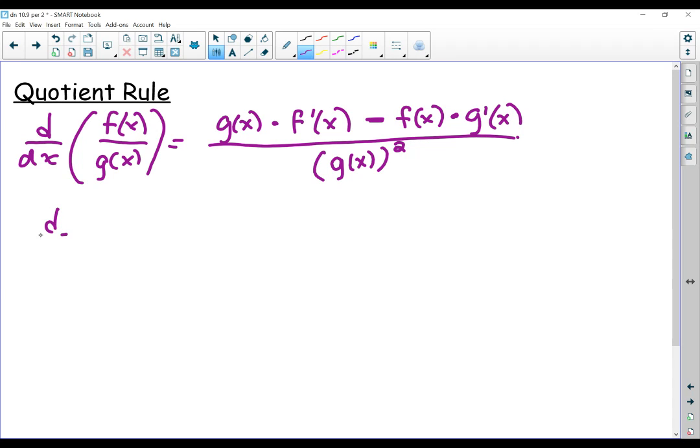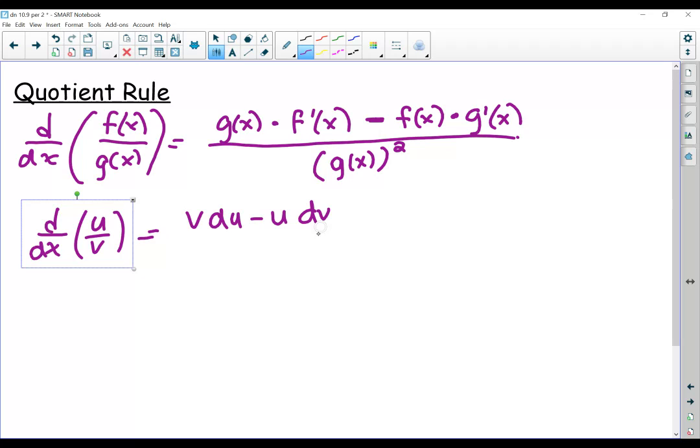Now sometimes you'll see it in terms of u and v. It doesn't matter which one I put on top or bottom, but I'm always going to start with the bottom. So it's going to be v du minus u dv all over v squared.